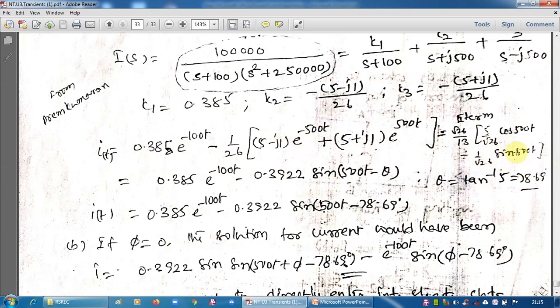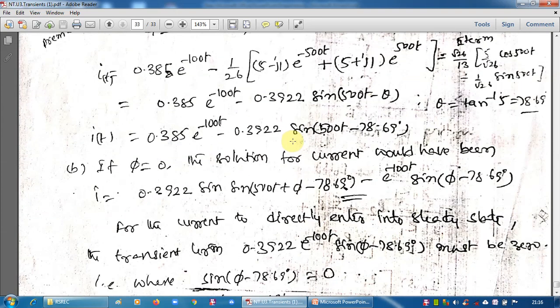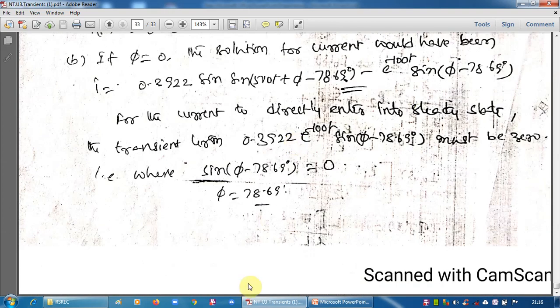The e power terms are represented by cos and sine functions, and they are again simplified and finally written like this. No need of all these things. You can stop at this step itself. That is the solution. Like that, we can solve circuits using the Laplace transform method.